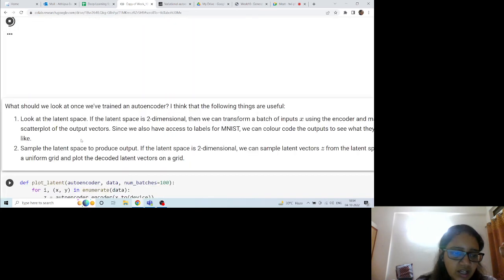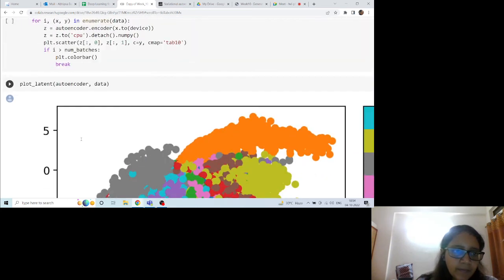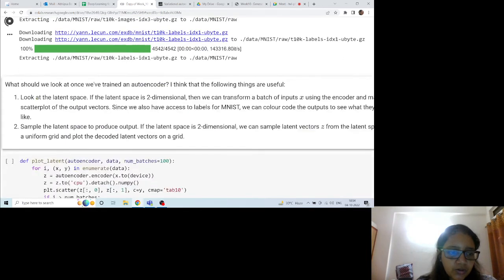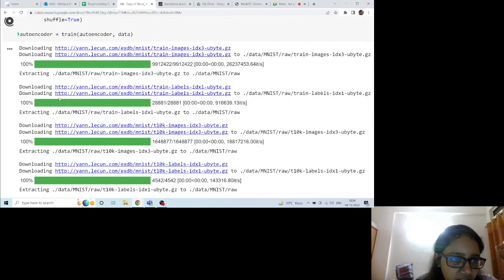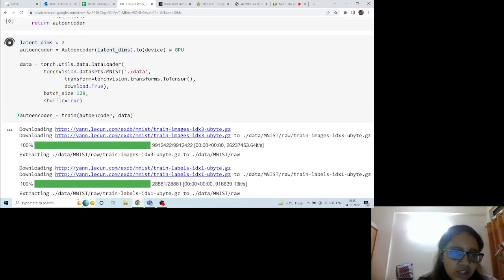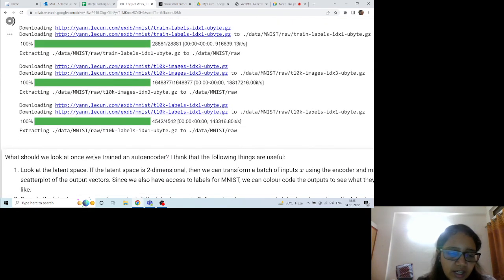So let's move on from here. In this particular block, you are not only downloading the MNIST data, you are also training the autoencoder, so everything is happening automatically.